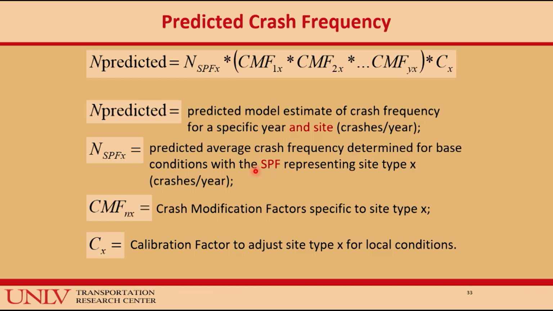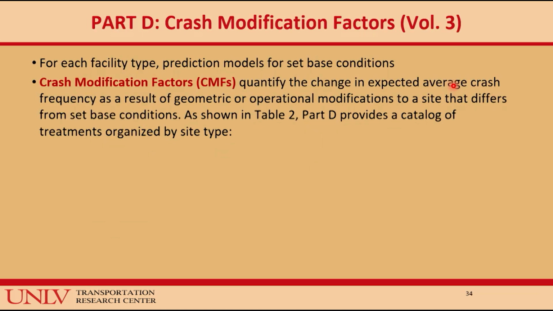CMF 1, 2, 3, maybe you are doing 2 or 3 or 4 safety improvements. So we have a CMF for 1, CMF for 2, CMF for 3. So it has a multiplicative effect. And the last factor I told you, just use that as 1. Now for each facility type we have the crash modification factors.